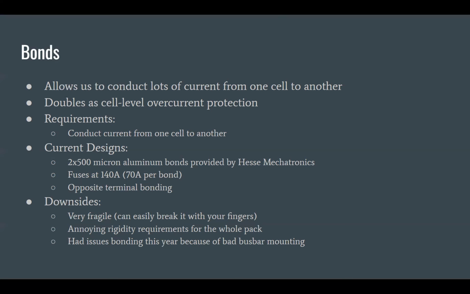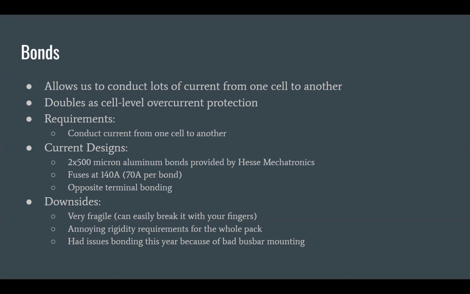And that's why we did 2 bonds in parallel, because if you do the math out, we have 4 cells in parallel, and if we have 2 bonds per cell, 140 amps per cell. That means if you do 4 in parallel, you get up to 560 amps total that the cells could source.